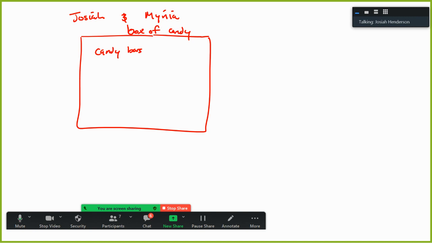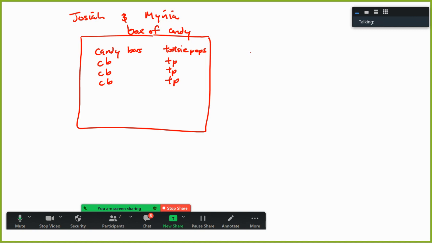We'll call those CB. Let's say we have 4 candy bars total. And we've got Tootsie Pops, okay? Anyways, Tootsie Pop. So let's say we have 4 of those total. So there's 8 pieces of candy. There's 4 candy bars and 4 Tootsie Pops.